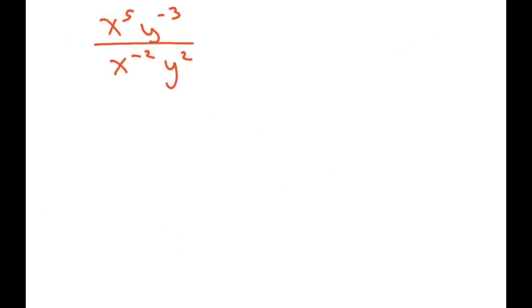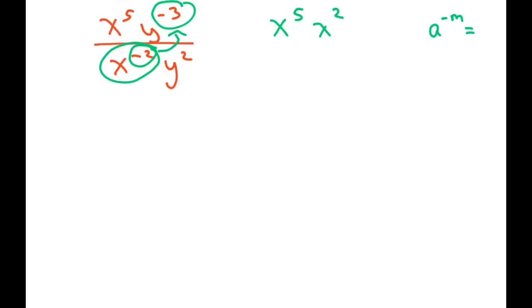Okay, the next one is here. What I'm going to do first is just get rid of these negatives by moving them. I'm going to write my x to the 5th. I'm going to move this x to the negative 2 up here by taking away the negative. Because if you have any number to the negative m, that is 1 over a to the m. And I'll do the same thing here.